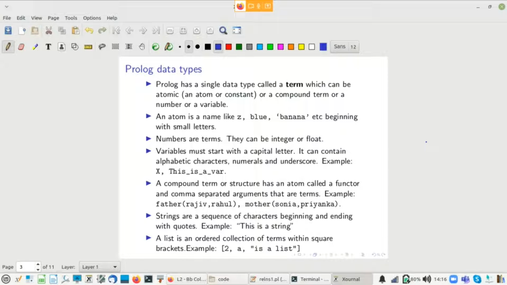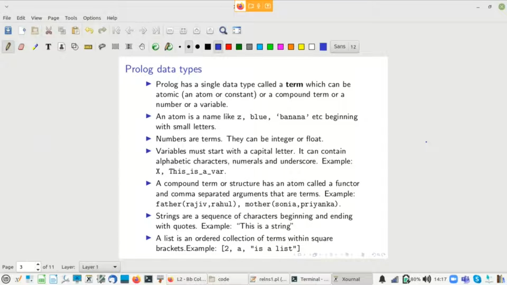A little bit about Prolog before we actually get to the examples, and examples will make everything clearer. Prolog has just a single data type, which is called a term. This term can be either atomic, that is, an atom or a constant, or a compound term, or a number or a variable.